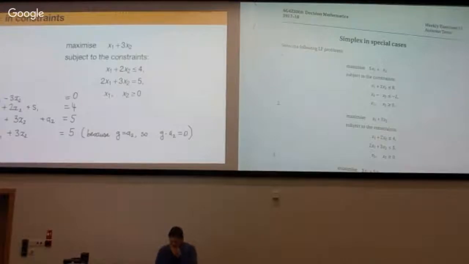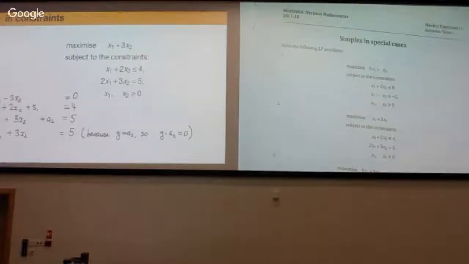Okay, so G minus A2, this is all it's said. The G row you get in the first tableau is going to be the sum of everything where you find any artificial variables.